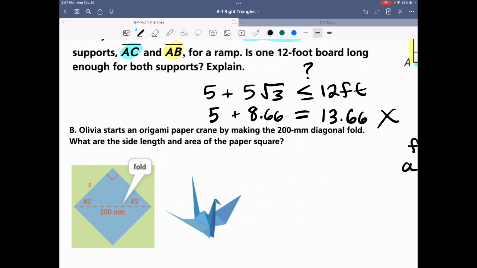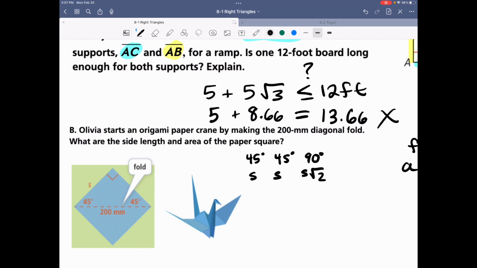All right. So remember that the 45, 45, 90s are s, s, and s square roots of 2.